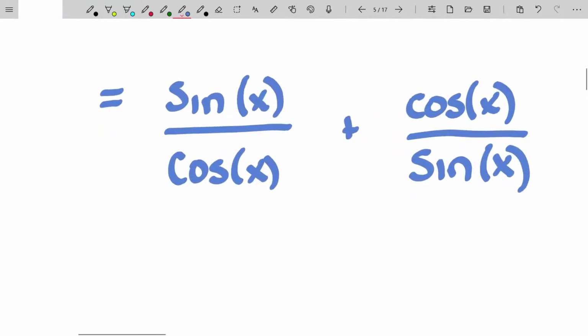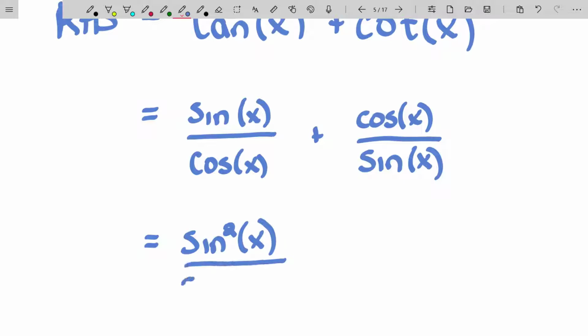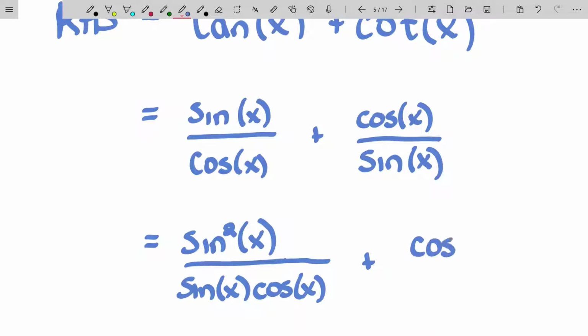So I'm going to multiply this first fraction by the sine, both numerator and denominator. So I'll get sine squared of x over sine of x times cosine of x. And the next term, I'll multiply numerator and denominator by the cosine. So I'll get cosine squared of x over sine of x times cosine of x.